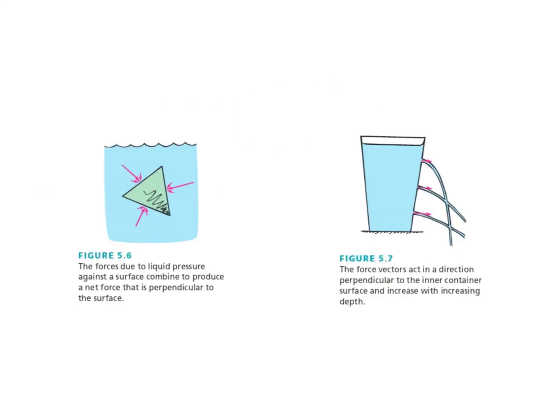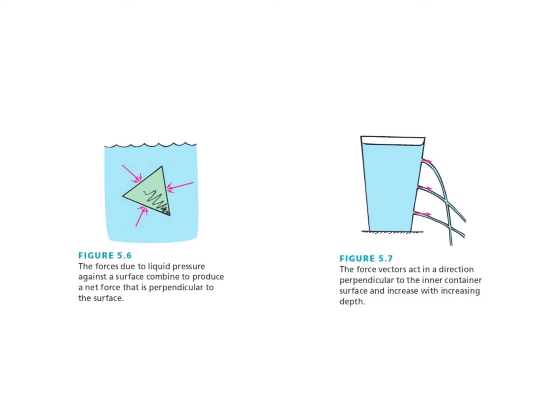Now, when you insert an object in a fluid, and again, that could be you in a room filled with air, the air being the fluid, or it could be this prism here submerged under water, for example. The fluid exerts a pressure against the thing that it is submerged in, but here's the rule: that pressure is always perpendicular to that surface.